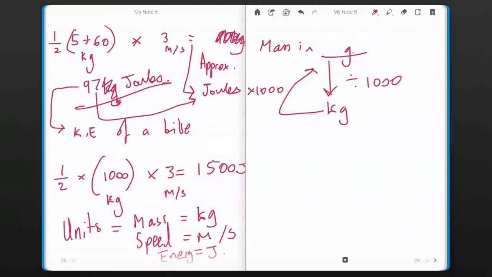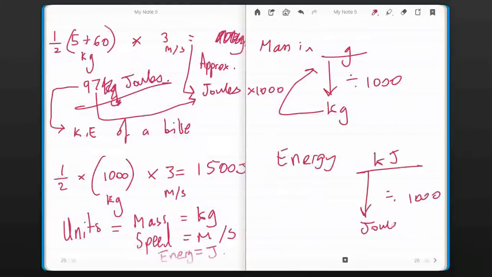So that's the mass units that you have to worry about. Energy will basically be the same. It might be given in kilojoules. You've got to make sure that if it's in kilojoules, you multiply by 1,000 to get it to joules. Actually, I said that the wrong way around: you times it by 1,000 because you're going from the 0.001 to the 1.